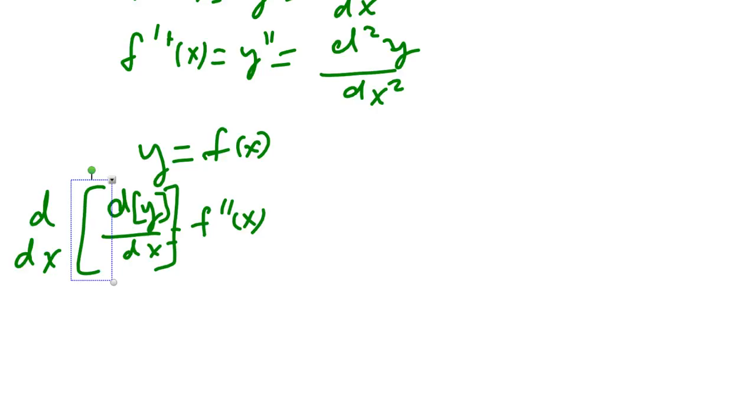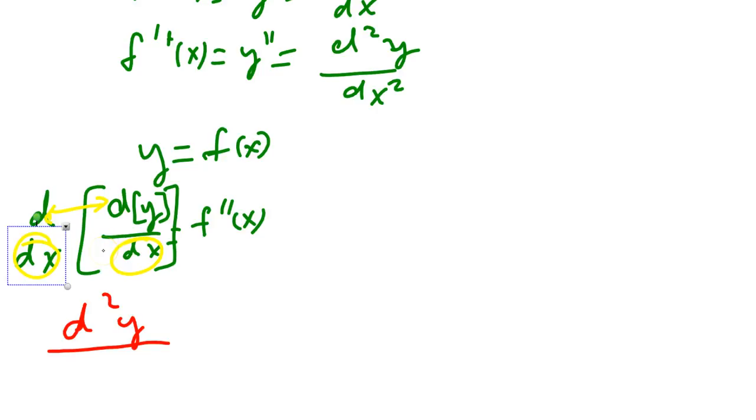But do you see how I've got in here two d's, a d and a d? They're not multiplying, but do you see how I've got a pair of d's here? Doesn't that look like d squared of y? Whereas on the bottom, don't I have a dx times a dx? It's not dx times dx, but it looks like that, correct?